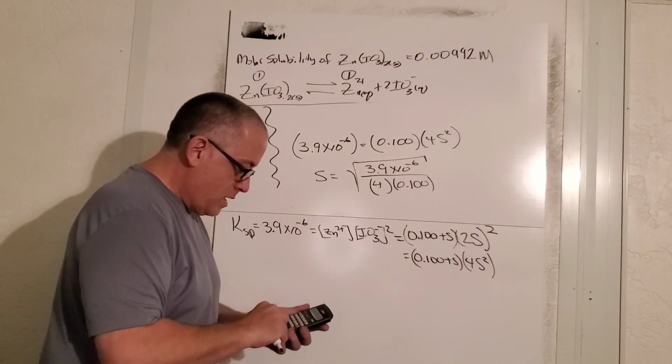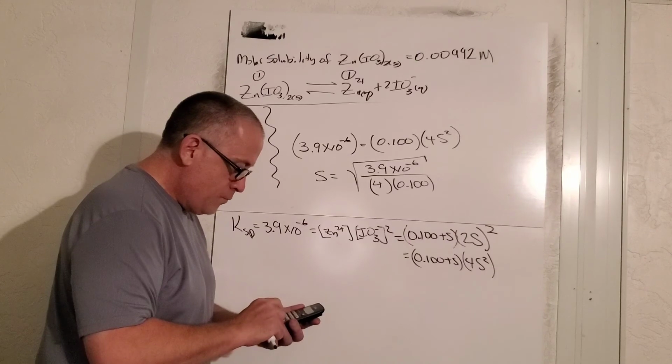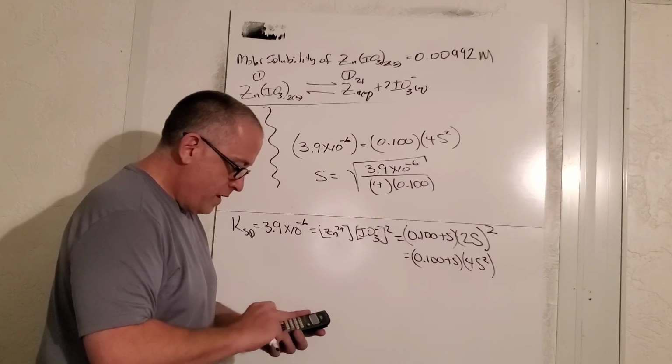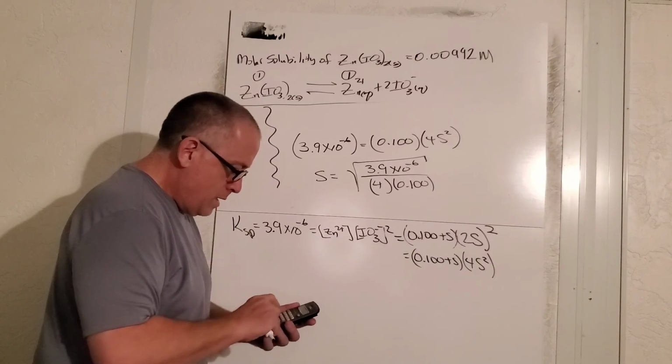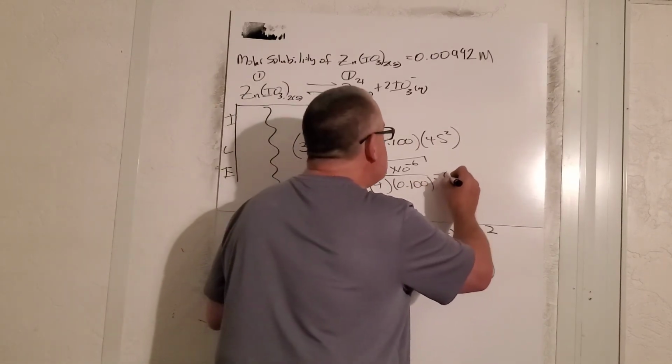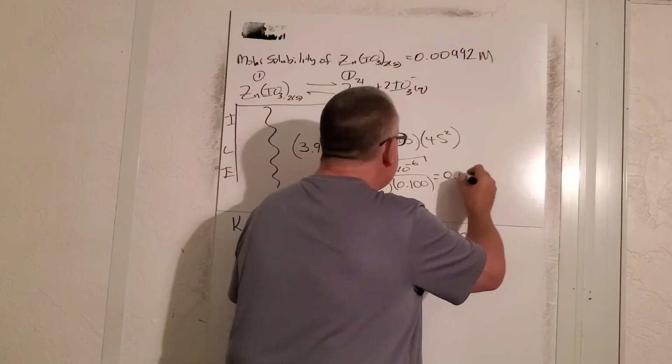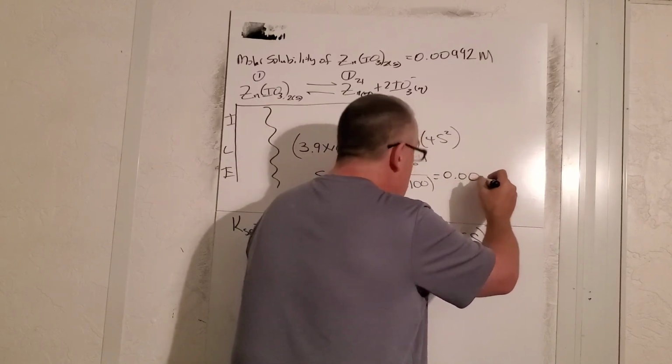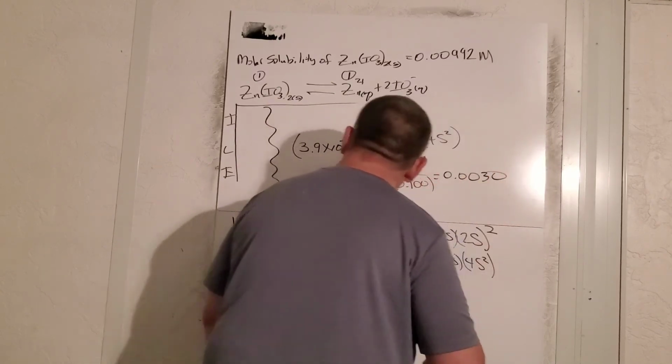So 3.9 times 10 to the minus 6 divided by 4 divided by 0.1. Take the square root of that, and I'm going to get 0.0030.